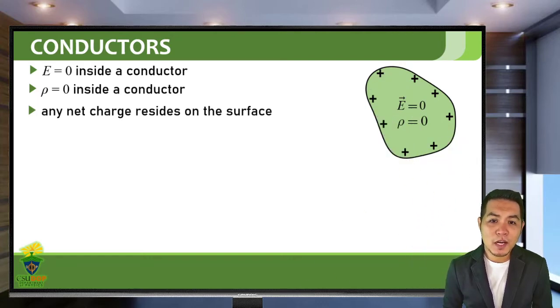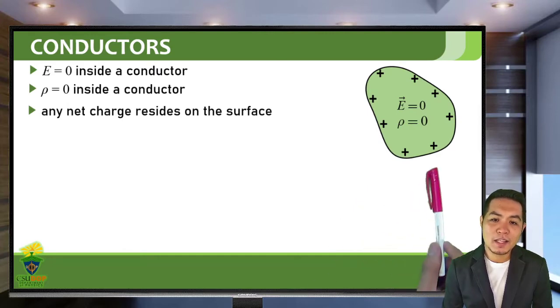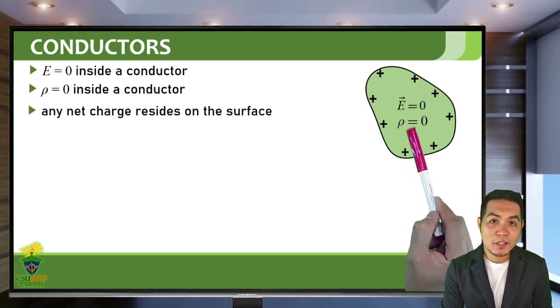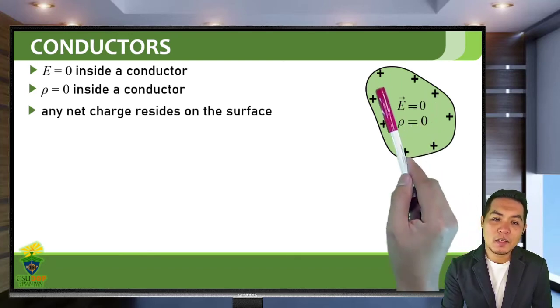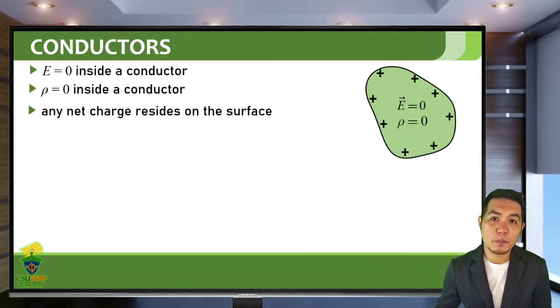So if there is a net charge, it will only reside at the surface of the conductor, and not inside, meaning there will be no charge distribution inside. And if there's no charge enclosed inside, according to Gauss' law, the electric field inside will also be zero.